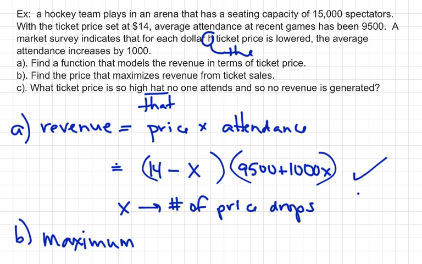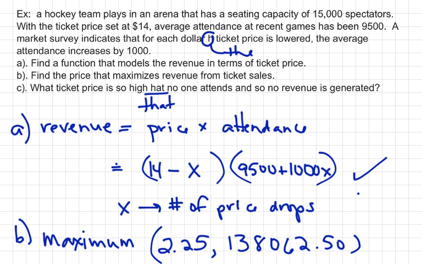So the answer you get in your calculator is you get the maximum at 2.25, and then the maximum revenue is $138,062.50.